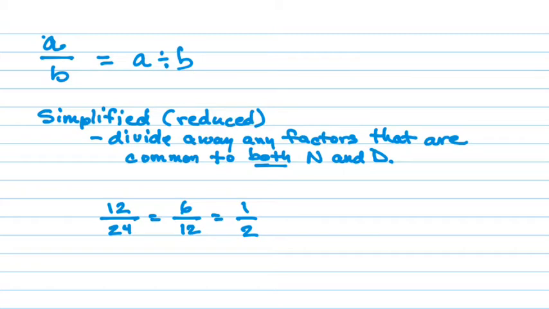If it's easier for you to divide by 2 or 3 and you don't see it's 12, that's perfectly fine. But always look at the answer that you get and see if it will continue to factor some more. So the only difference is that instead of 12 and 24, we're going to have variables as well.